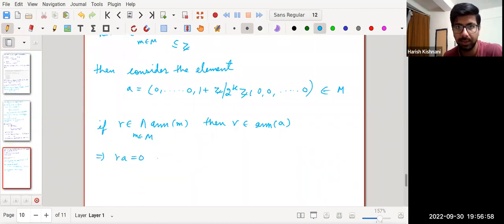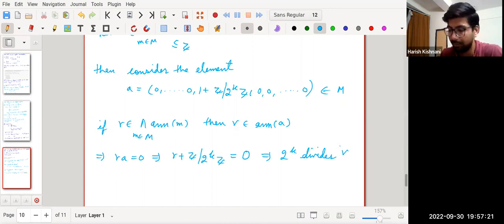But that would imply that r plus Z by 2^k Z has to be 0, and that would imply that 2^k divides r. But this is a contradiction to r less than 2^k.